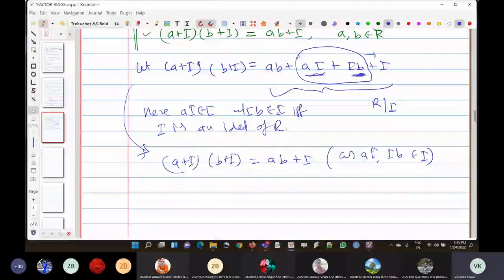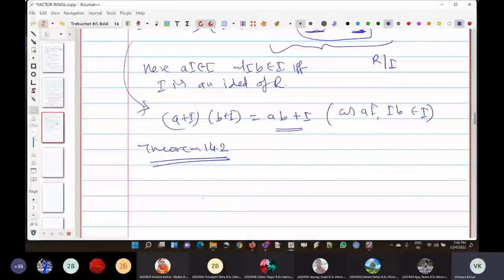This is how we can say that this product is well defined if this I is an ideal of R. Rest, for a more detailed explanation, you can refer to your book, theorem number 14.2.